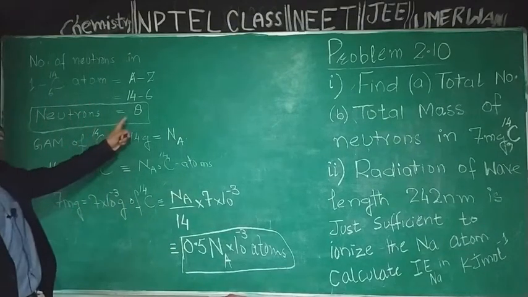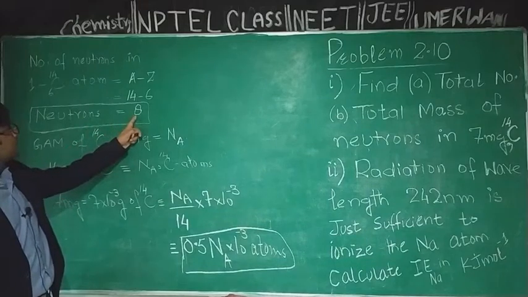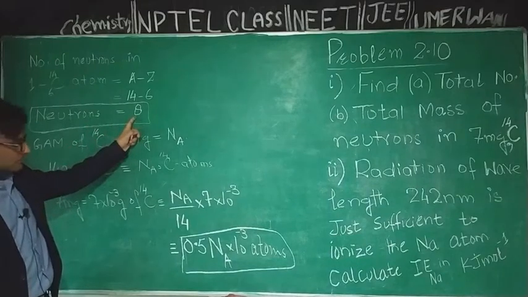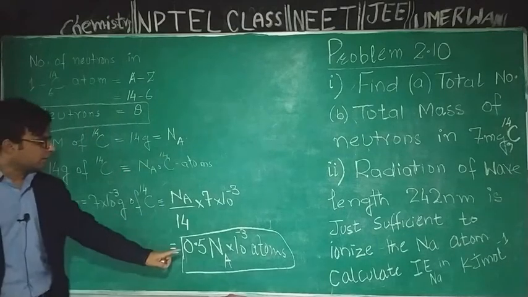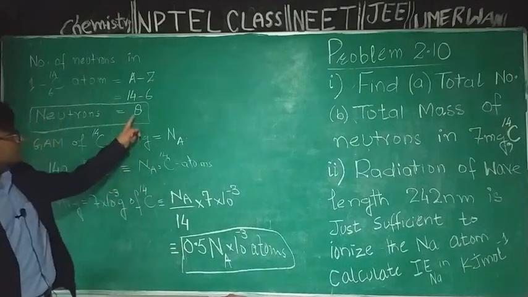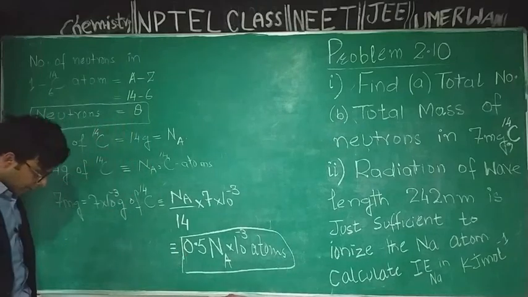Now I know one carbon 14 atom contains 8 neutrons. Therefore, the total number of neutrons in its 7 mg weight will be the total number of atoms multiplied by the number of neutrons in one atom.